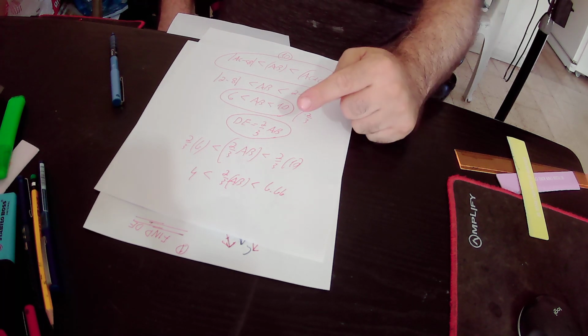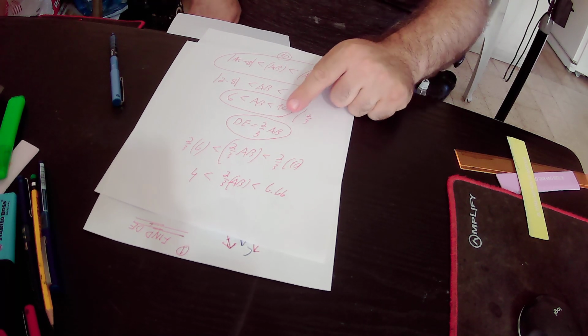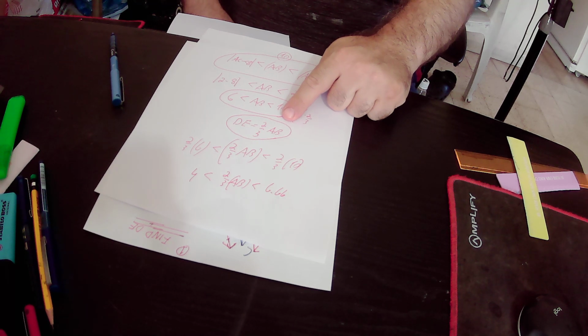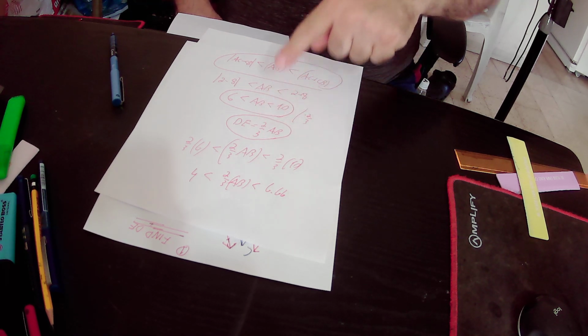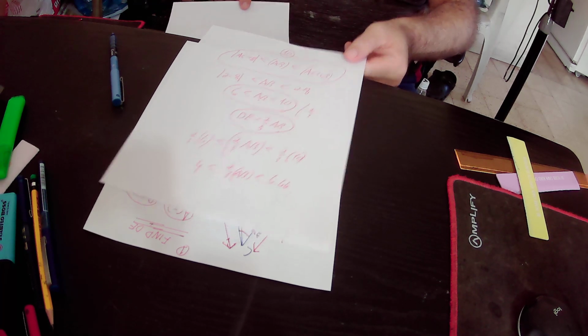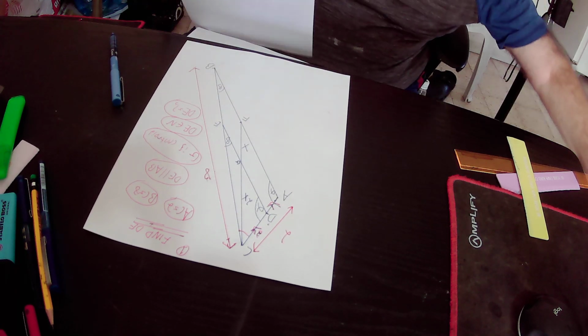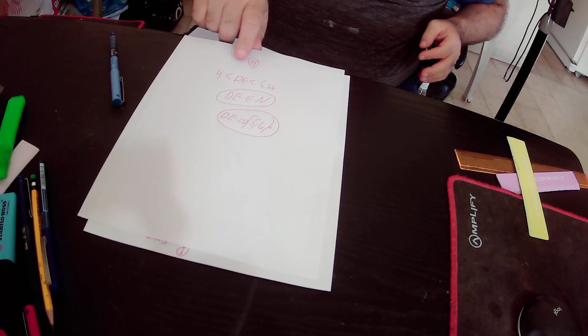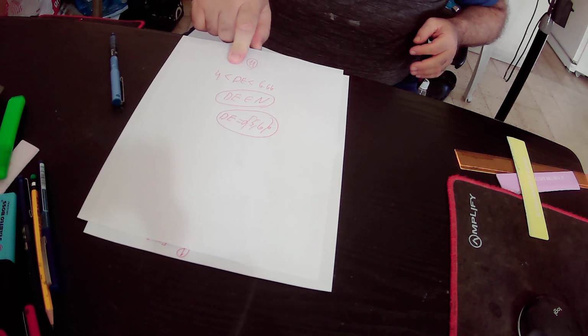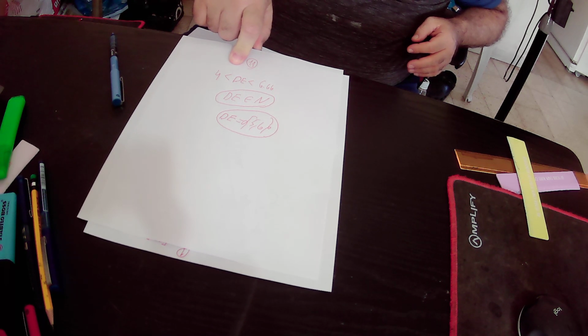But what is the value of 2/3 AB? According to this equality, 2/3 AB equals DE. So we can substitute 2/3 AB by DE, and we get that DE is greater than 4 and smaller than 6.66.